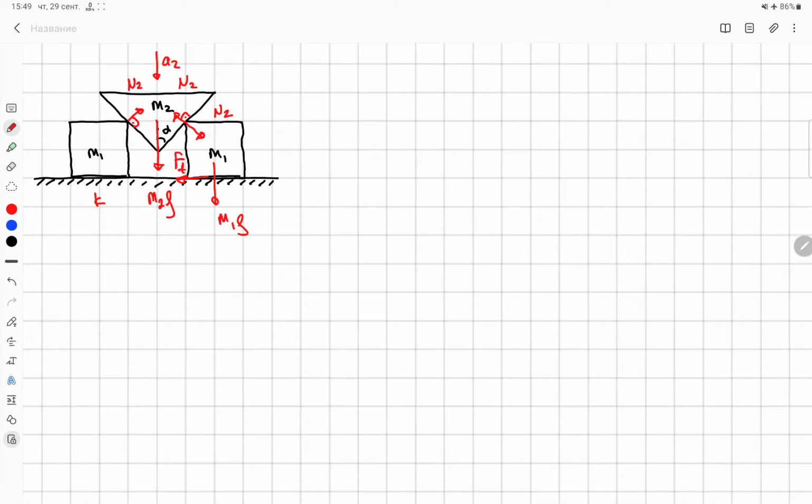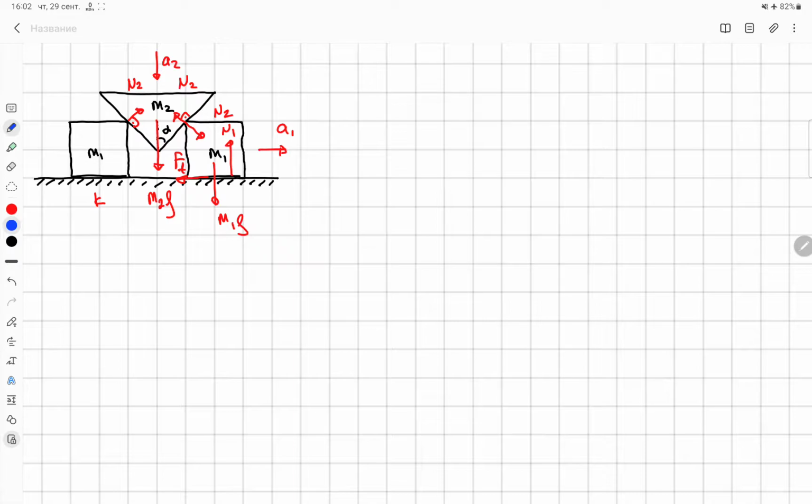Let's call it FF. And it will move with acceleration A1 to the right. Upward we have a normal force, let's call it N1, the contact force, normal force between this table surface and the object M1. Now let's write Newton's second law for each object.